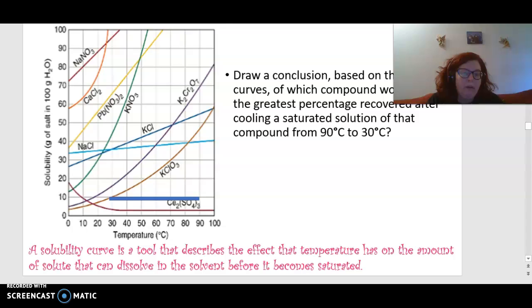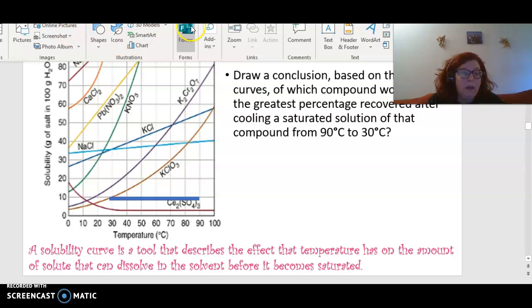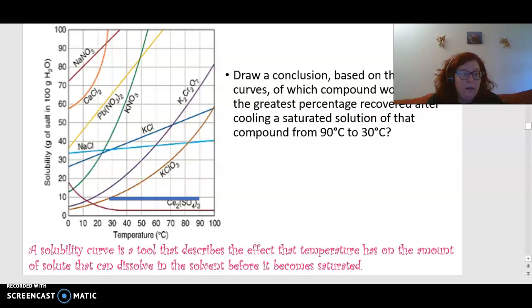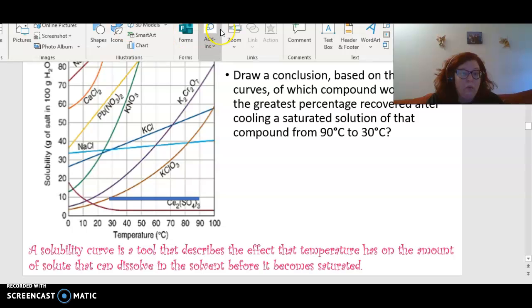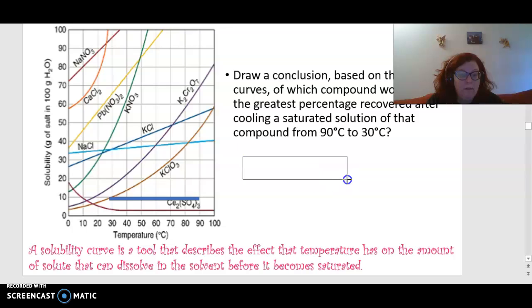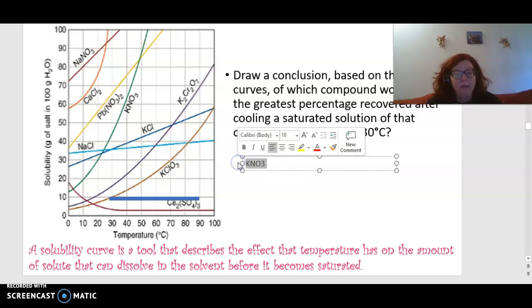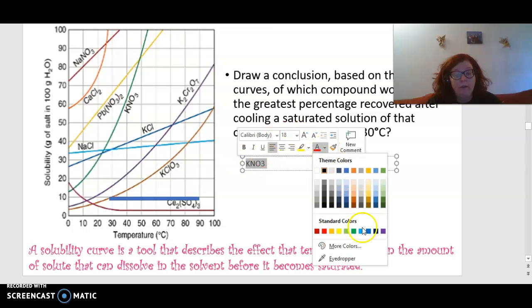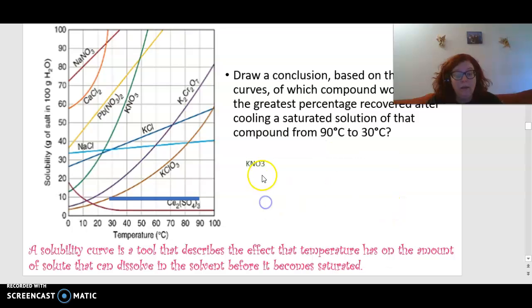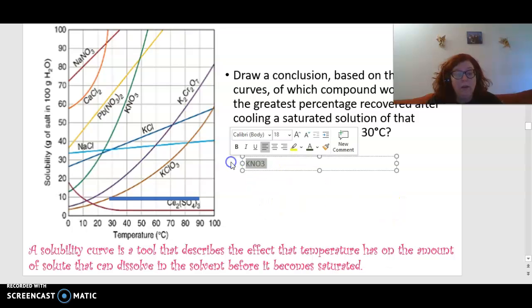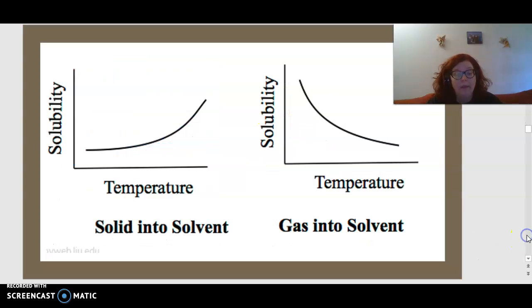Look at KNO3. Do you see it? The green line. Who's got the steepest recovery? It's KNO3. You can know too, right? Exactly.